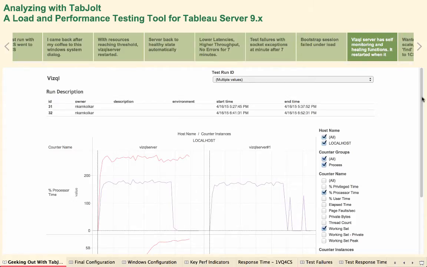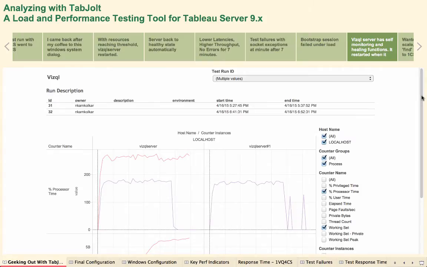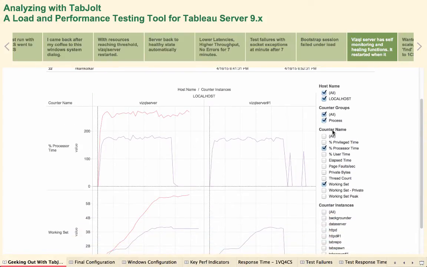So with SQL Server restarting, I looked at the system metrics, which is another thing TabJolt will give you: specific metrics for both the system as well as specific components within Tableau Server. The SQL worksheet in TabJolt Analytics gives you an idea of specific JMX metrics and system metrics for the SQL Server process.